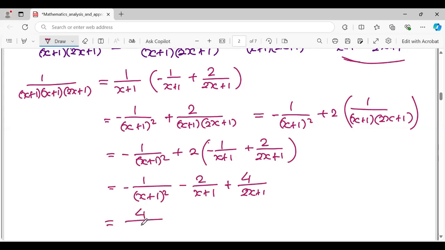So it becomes 4 over 2x plus 1 minus 2 over x plus 1 minus 1 over x plus 1 squared. That is D.